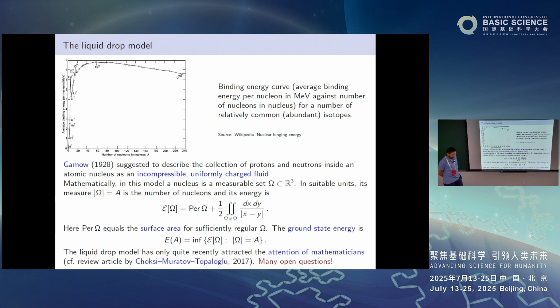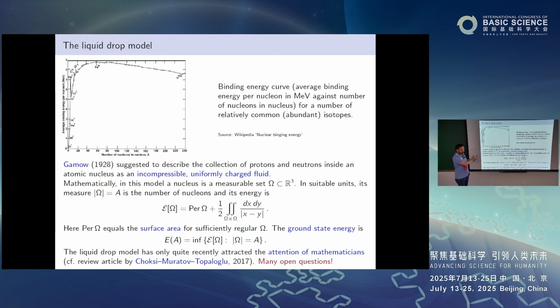Now there have been several mathematical models to explain that, and I start with a very basic model. This was introduced by Gamow some 100 years ago. There are many more complicated, more involved, and more realistic models of this.